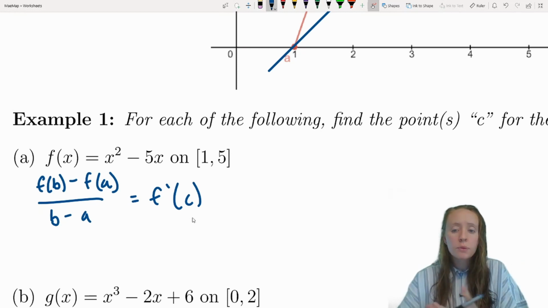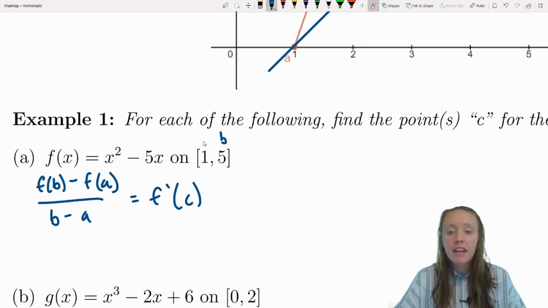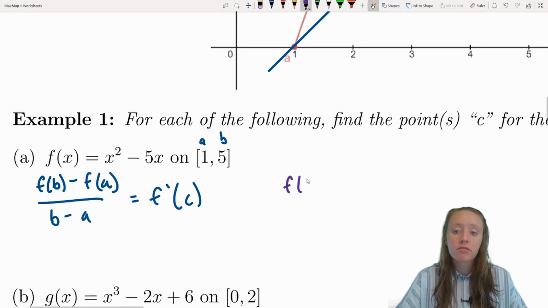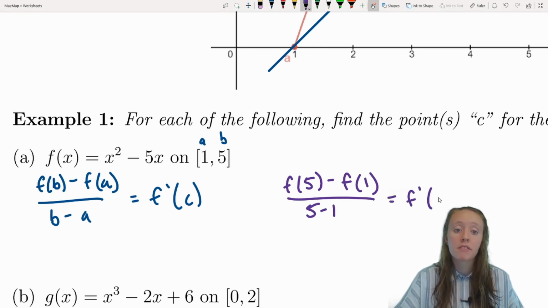So what we're going to do is fill in the given information and attempt to find C. So I'm going to have b, 5, and then my point A is going to be an x value of 1. So I'm going to have f of 5 minus f of 1 all over 5 minus 1. That's going to be equal to f prime of c.